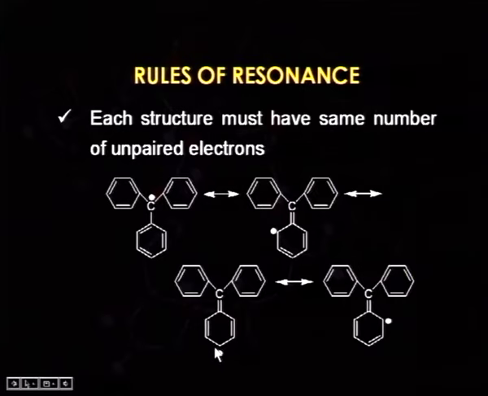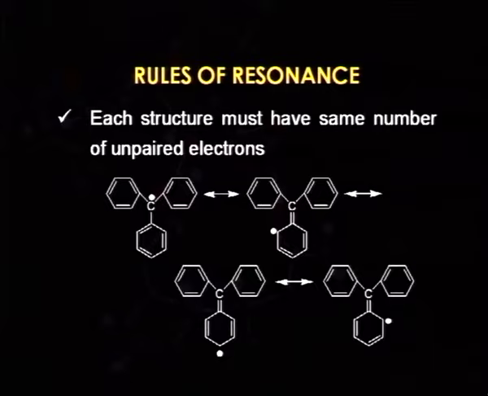So on the basis of all those structures, we can see that each structure has the same number of unpaired electrons. It is only the electron which is moving, not the atom, and the overall number of unpaired electrons remains the same.